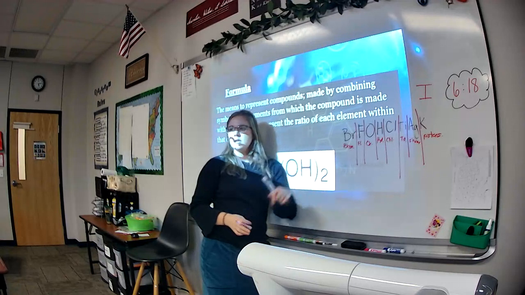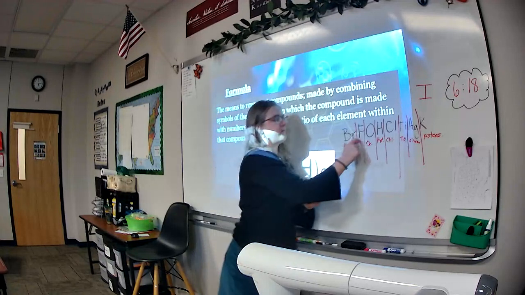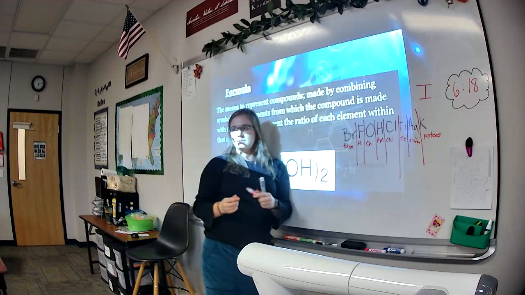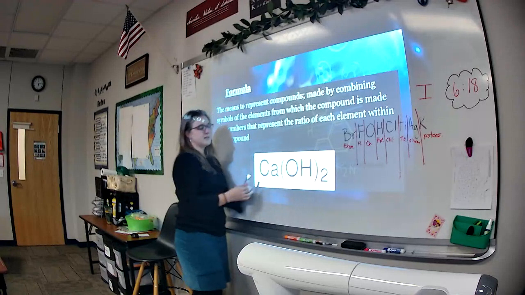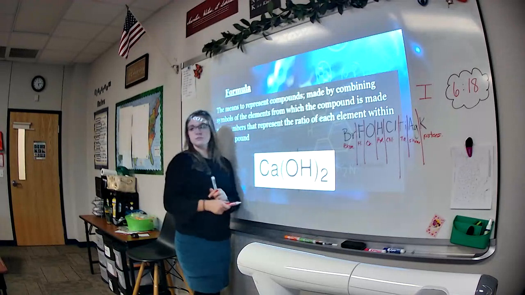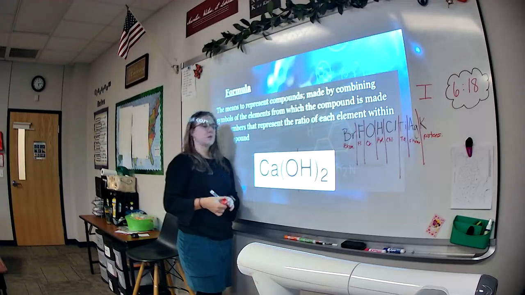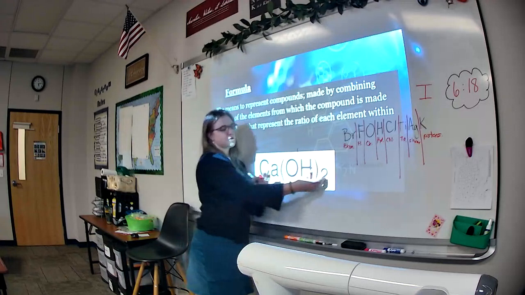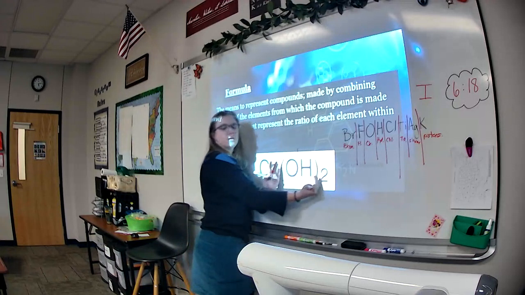Does that make sense? Now, a real formula will also have numbers thrown in there as well, but I'm just showing you that right now. Does that make sense? So this right here, this is actually two separate symbols. Great question. The parentheses mean that there are two of this molecule.